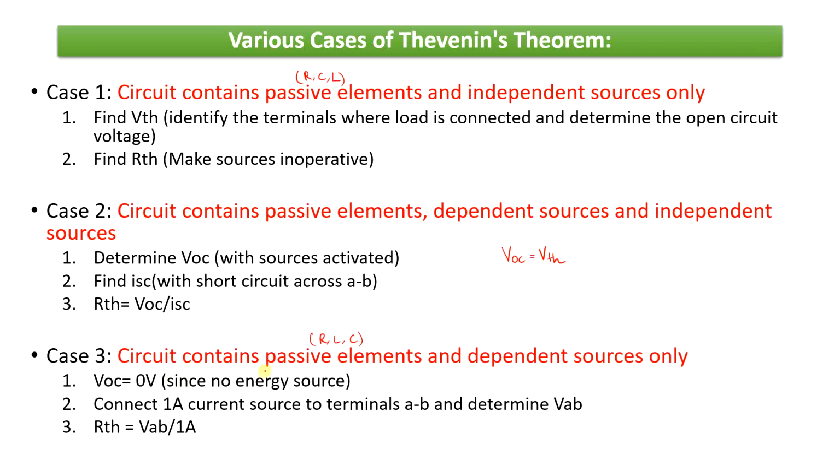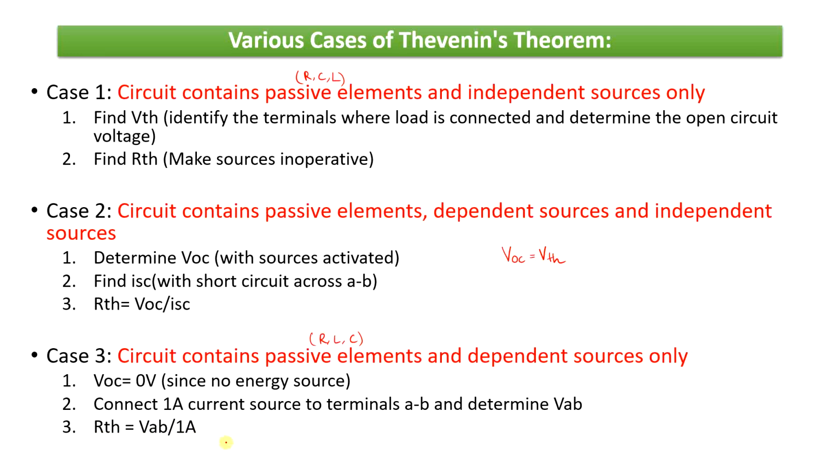So that is why the Thevenin voltage will be equal to 0 volt directly. After that, to compute R Thevenin, what we need to do first is connect a 1 amp current source to the terminals AB, which are open circuited, and determine VAB. And then R Thevenin will be equal to VAB divided by 1 amp. So this is the procedure.